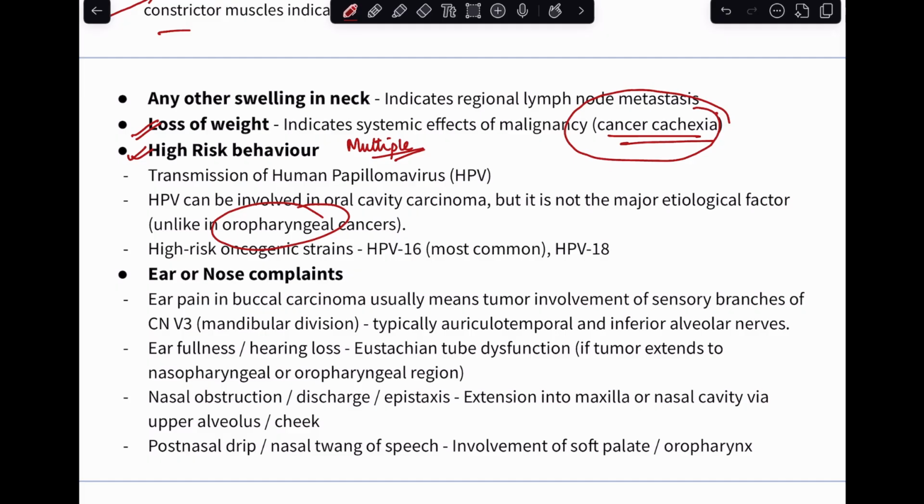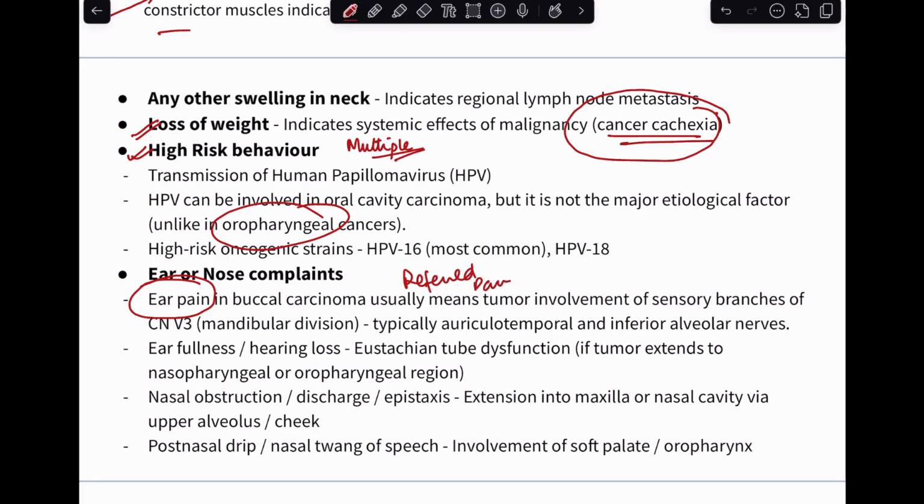Next, we are asking about ear or nose complaints. Now, we have a problem in the oral cavity. Why do we need to know about ear or nose complaints? One history could be if a patient presents to you with ear pain in a case of buccal carcinoma, but you have examined the ear and there is no issue at all over there. What would that mean? This would be a case of referred pain.